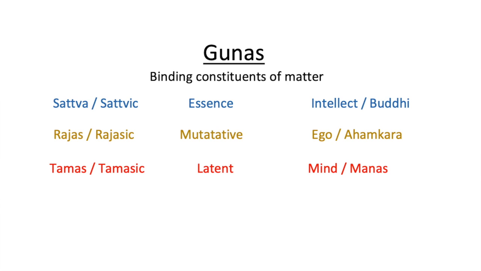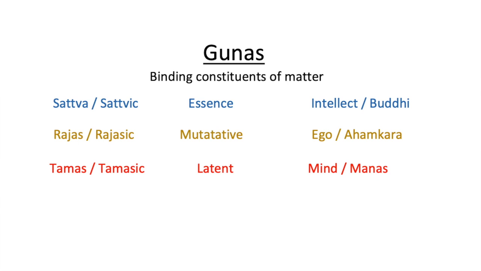Without the mind, if you lose your mind, you lose your memory. Without memories, we can't keep track of anything. The memories are the tamasic aspect. They retain everything that we've done. The rajas aspect is the ego. It's how we can relate as who we are to the outer world.